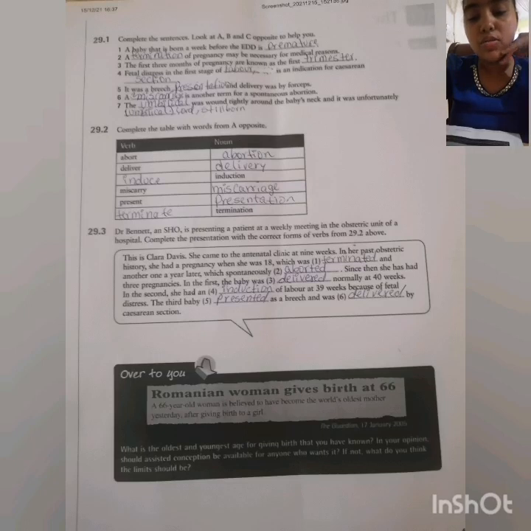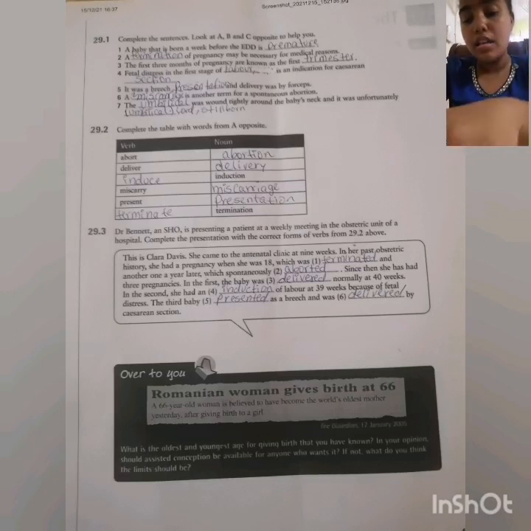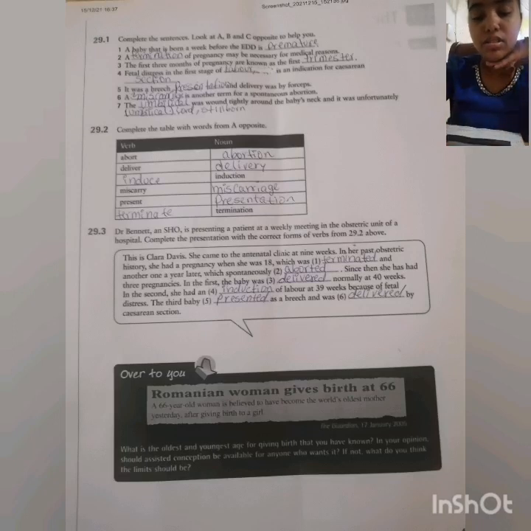The first three months of pregnancy are known as the first trimester. 4. Fetal distress in the first stage of labor is an indication for cesarean section.